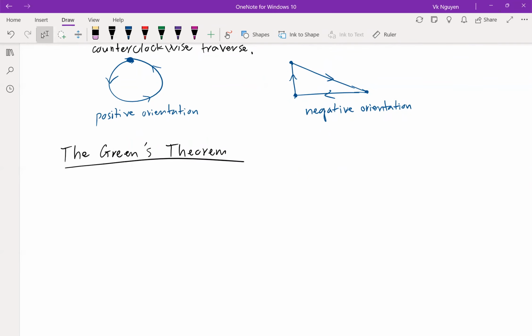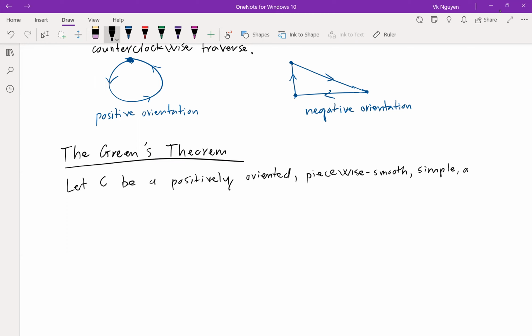Let C be a positively oriented, piecewise smooth, simple and closed curve in the plane. Let D be the region bounded by C.